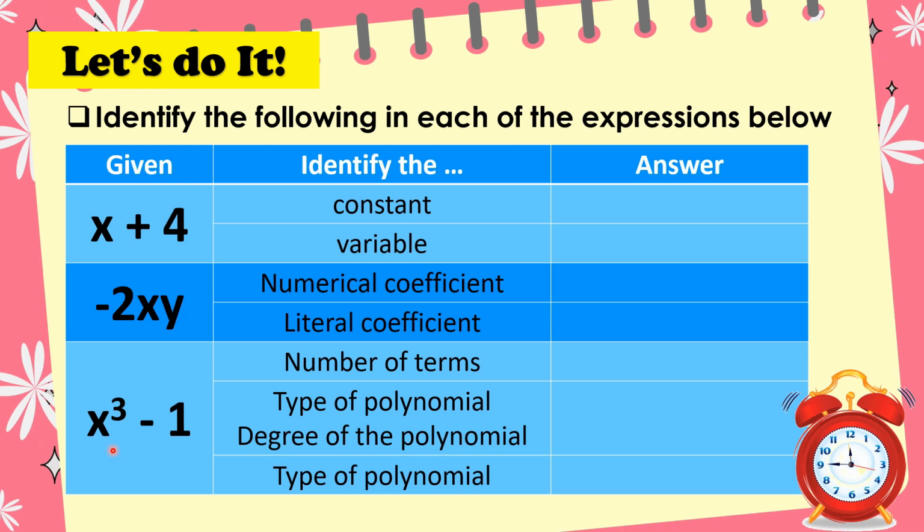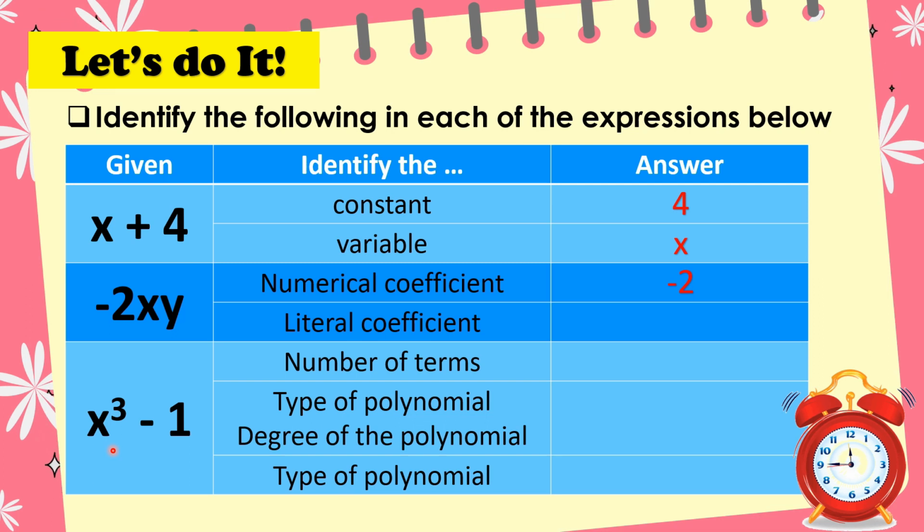Tingnan natin kung tama ang inyong sagot. What is the constant in the expression x plus 4? The answer is 4. What is the variable in that expression? X. Tama kayo doon. Now, what's the numerical coefficient in the expression negative 2xy? Negative 2.